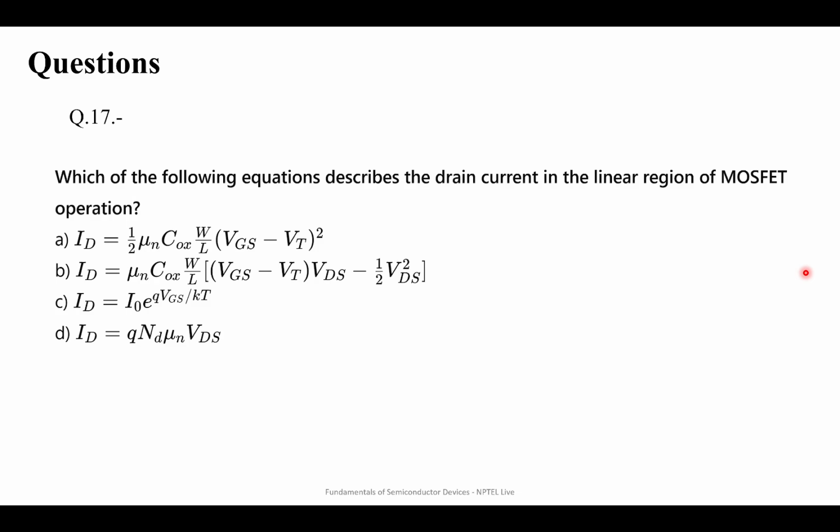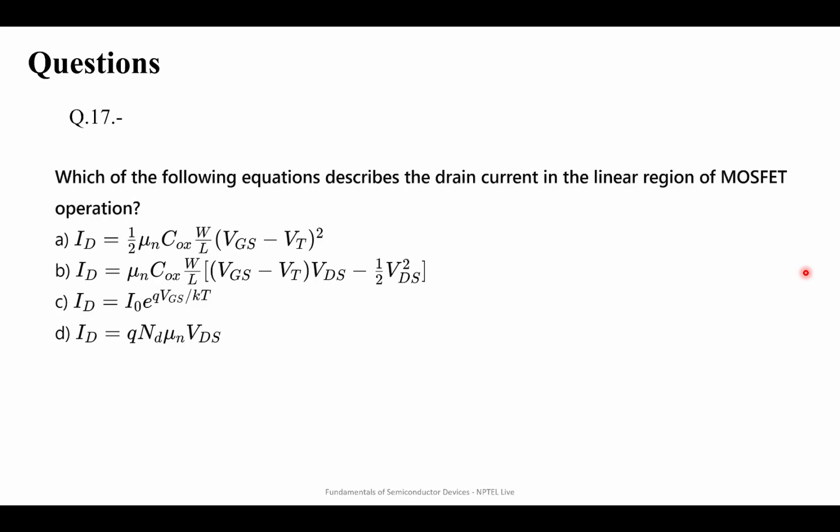So which of the following equations describes the drain current in the linear region of MOSFET operation? Option B, sir. ID equals half mu Cox W by L (VGS minus VT) square.